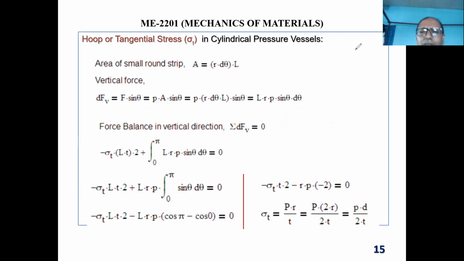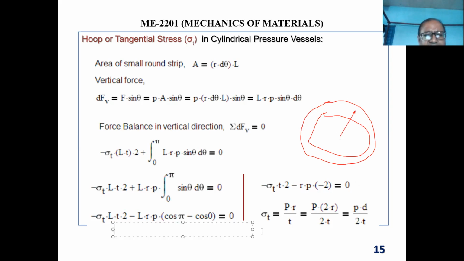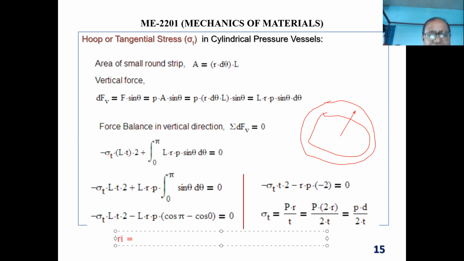Now I'd like to show you something. You have a pressure vessel. This is not pressurized. So after you pressurize, what will happen? The radius of the pressure vessel will increase. Okay, so you will see the initial radius Ri, but the final radius will be how much?